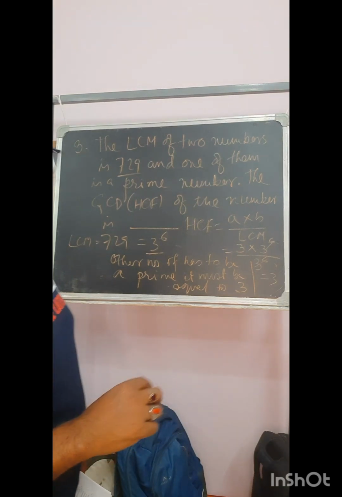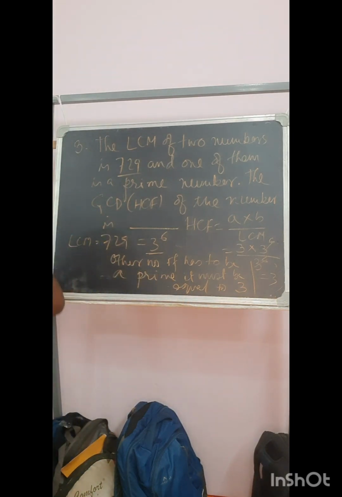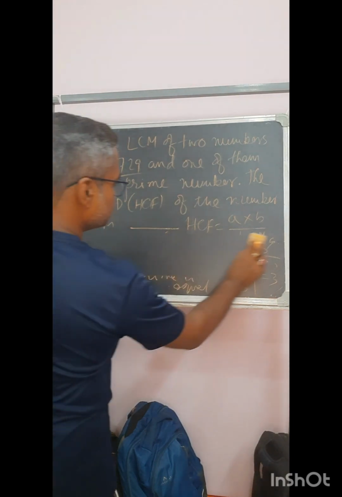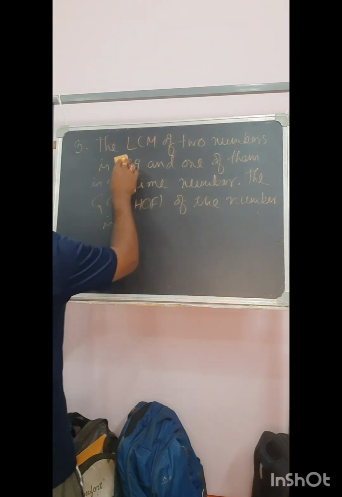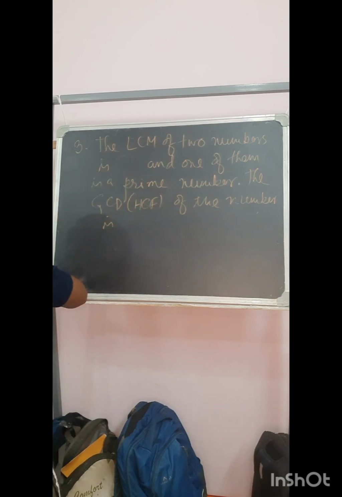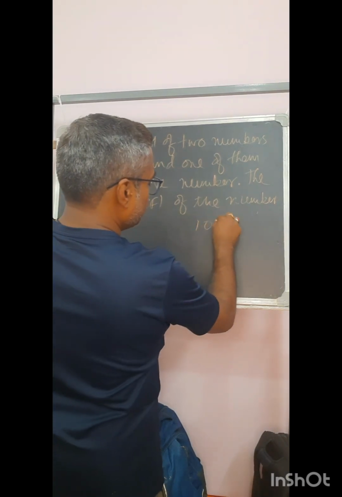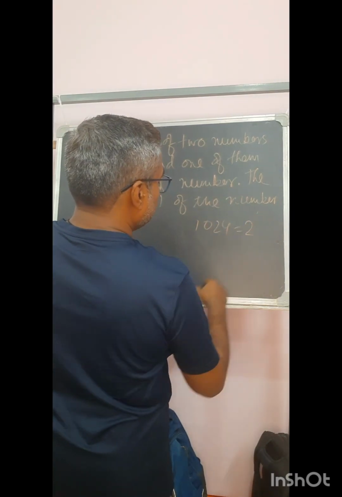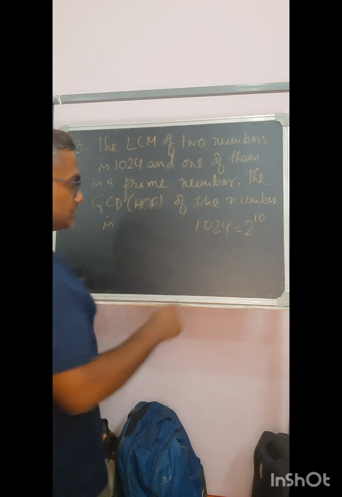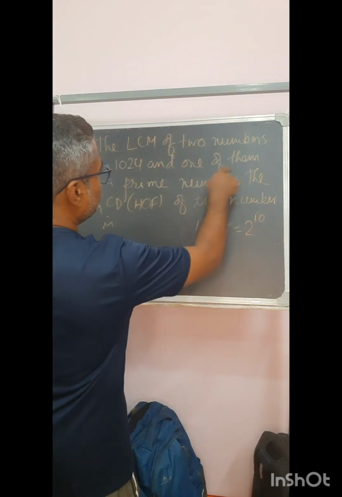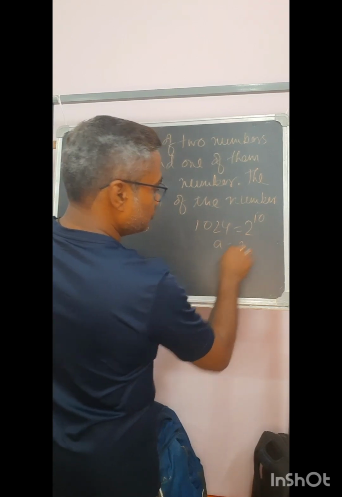So this is a very conceptual sum, and you have to understand this. If I take any other example, similarly, a number which has only one prime factor, let's say 2 to the power 10, and the condition is the same, that one is the prime number, then the other number must be 2 only.